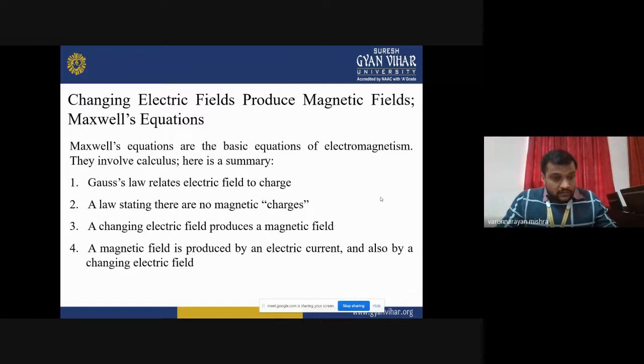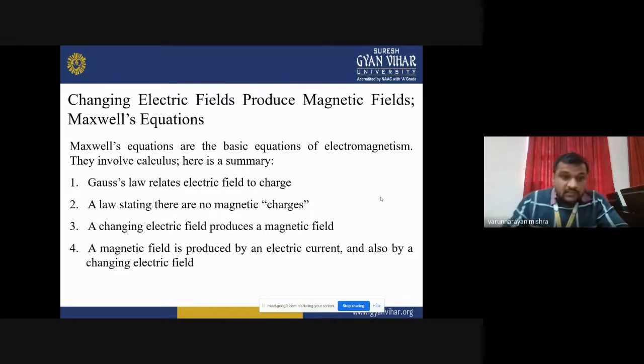Okay, so electromagnetic radiation has two components, the electric field and the magnetic field, and because of the change in the electric field and magnetic field, there is propagation of the electromagnetic wave. Maxwell was the scientist who first described this mechanism, the process through which electromagnetic radiation propagates in space through the changing electric field and magnetic field.